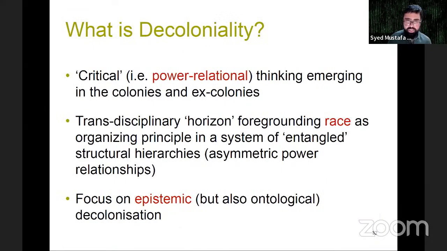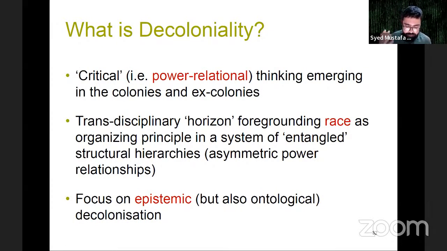Related to decolonization is decoloniality, which refers to a critical, that is, power relational orientation emerging in the colonies and ex-colonies of the world system. One way of thinking about decoloniality is as a transdisciplinary horizon which foregrounds race as the organizing principle in a system of entangled structural hierarchies, that is, asymmetric power relationships.